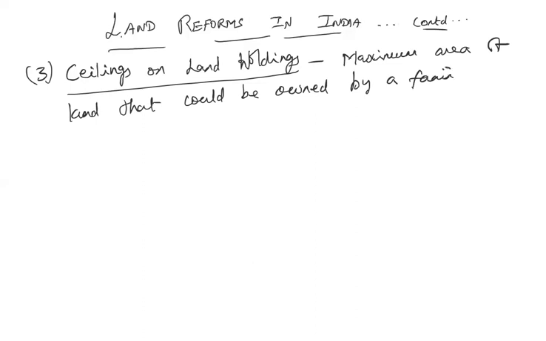If any excess was in the possession of a family, that would be taken over by the government and redistributed to the small and marginal farmers.